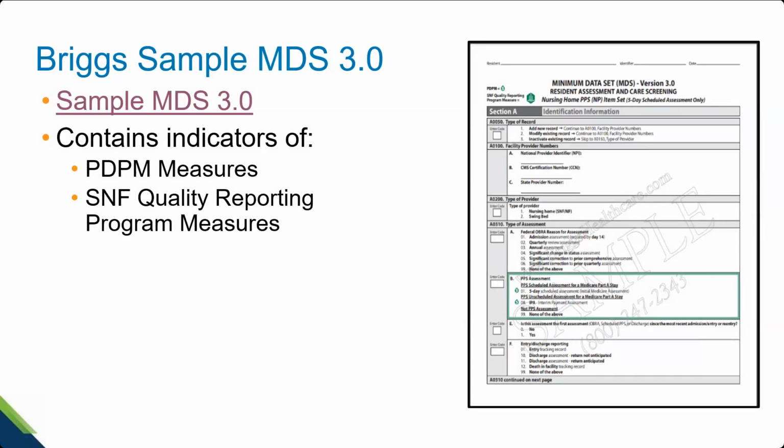I just like to use this because it makes it simple to see what areas affect Medicare payment. I'm going to use the link on the slide deck, and I'm going to go out and show you their sample. Now, remember, this is a sample, and it's marked as such. I'm not promoting it. I have no vested interest in this company, etc. I just like the way they have included the Medicare indicators.